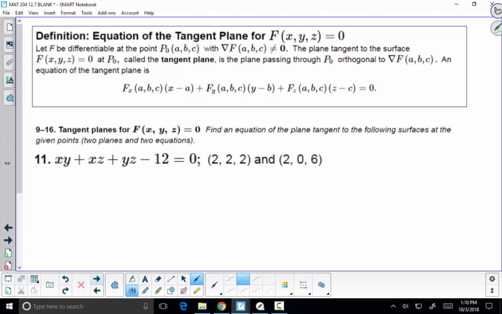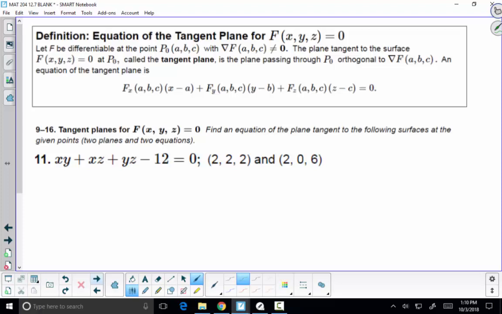So we're going to use capital F as the parent function, the hypersurface, if you will. We take the gradient of the hypersurface, and that will be orthogonal to the surface. We dot it with the displacement vector on the surface. That will give us the equation of the tangent plane. So let's do it.